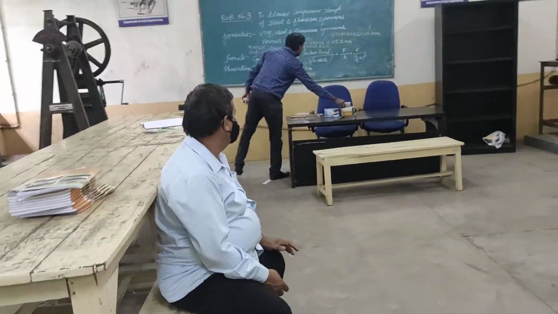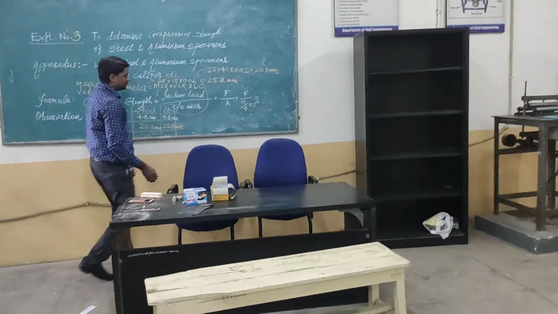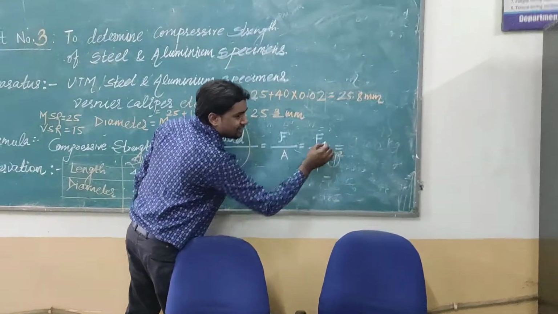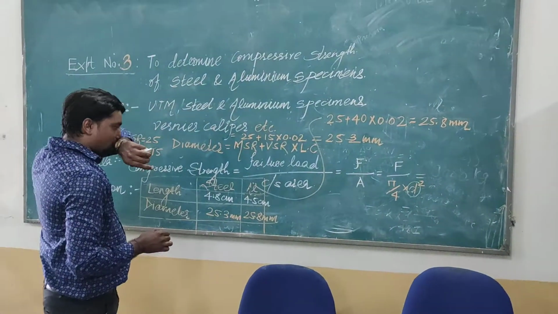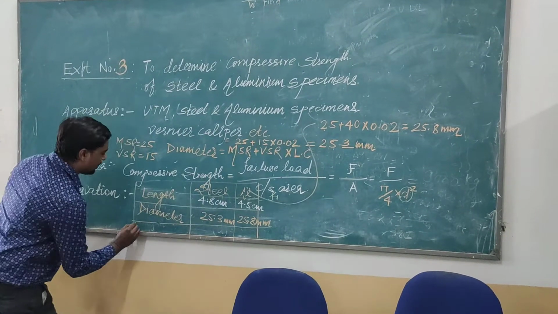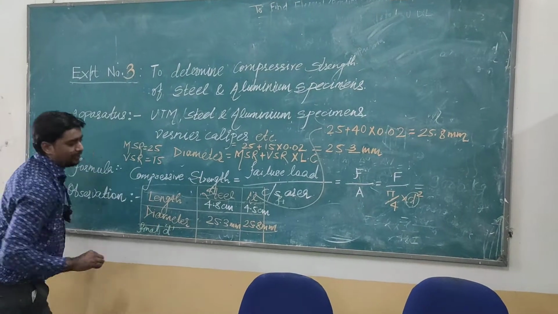So for calculation, you have to use this diameter as the final diameter of the material. So the final diameter I am adding here, the final D value.